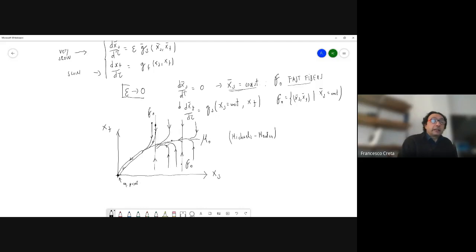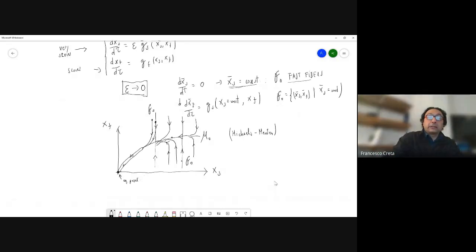Now, obviously, epsilon is not necessarily 0. It may be a small number, but it's not 0. And the reason why we placed it to 0 is because we wanted to see how the system was reduced, okay? So the slow system reduces to the slow manifold and the slow evolution. The fast system reduces to the fast fibers and the fast evolution, okay?